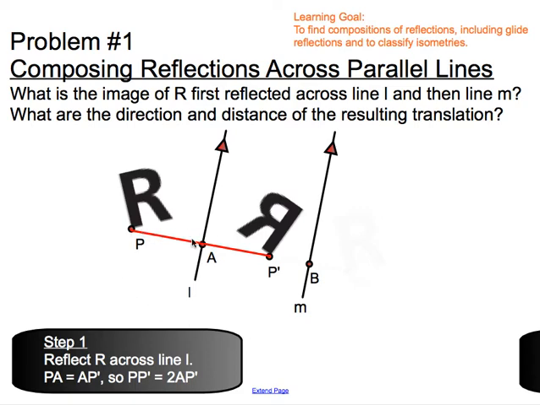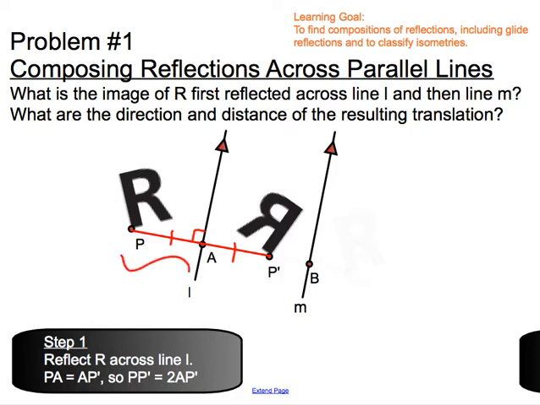If we remember, every point P prime on this R is going to be the same distance from P to A as from A to P prime.